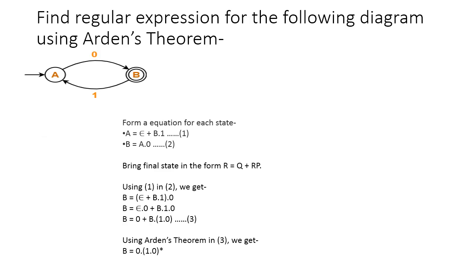In this example you have to find the regular expression using Arden's theorem. In this diagram you can see that A is the initial state and B is the final state. Here there is only one final state, so I will write the regular expression only for state B. If there were more than one final state, I would have to write a regular expression for each final state and then combine them to get the final regular expression.